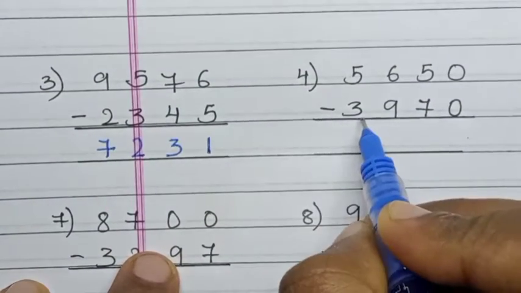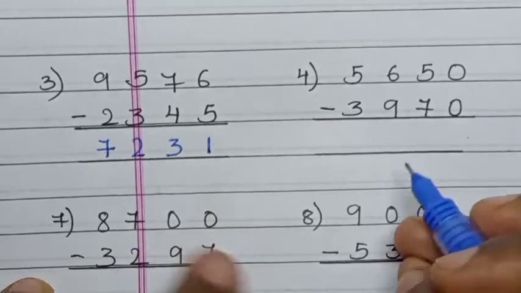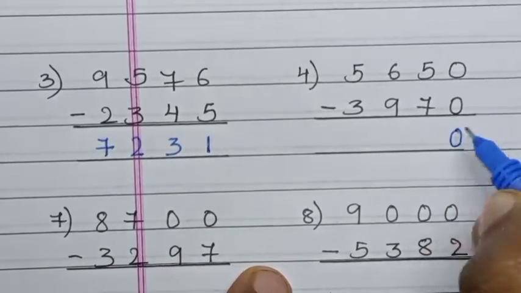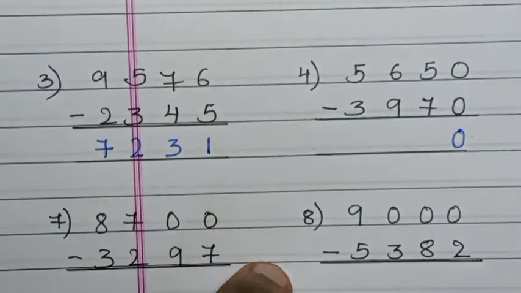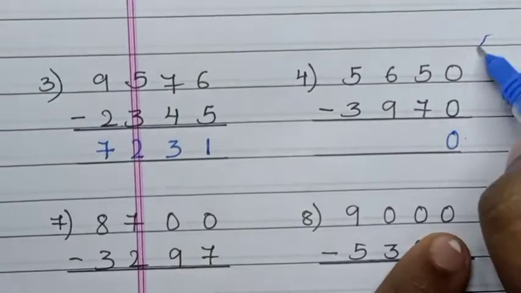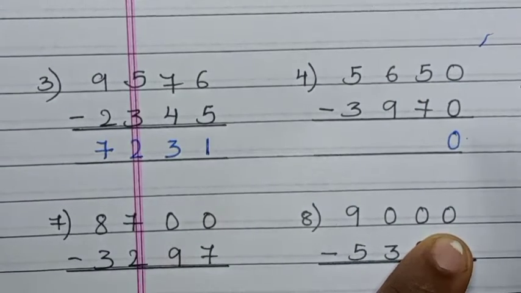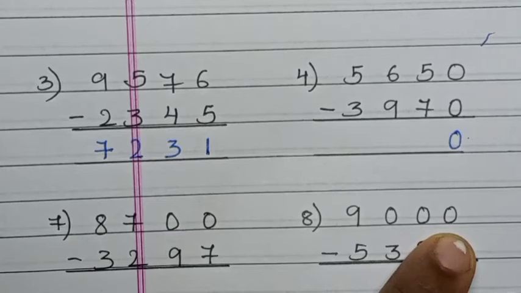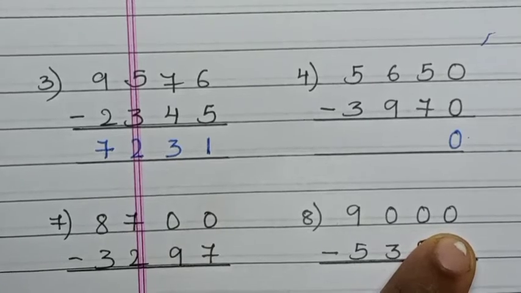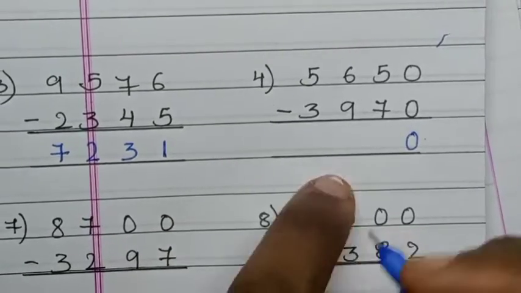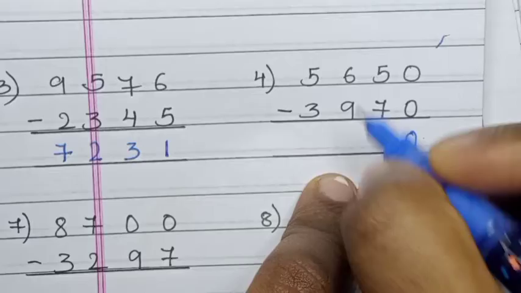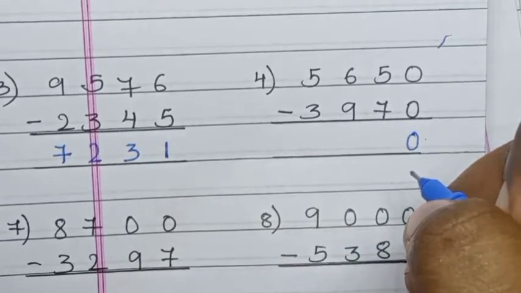Let's look at the next one. 5650 minus 3970. 0 minus 0 is 0. 5 minus 7 I can't do, right? Because 5 is less than 7. So what do I do now? I'll do the method called borrowing. Remember, children, we should do borrowing now.